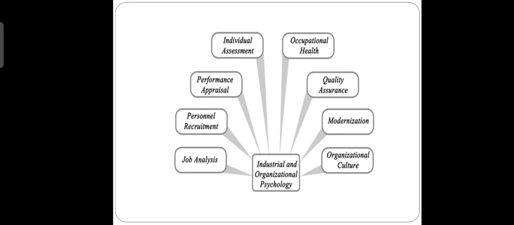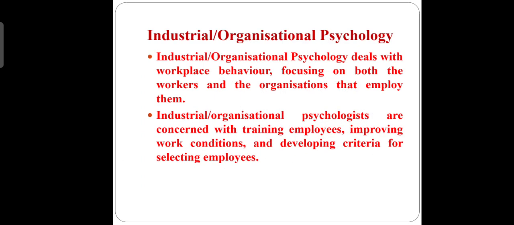Industrial and organizational psychology is a branch of psychology that applies psychological theories and principles to organizations. It is very important, and deals with workplace behavior and working conditions also, focusing on both the workers and organizations. The areas of industrial and organizational psychology include employee selection, that means the right people for the right place.